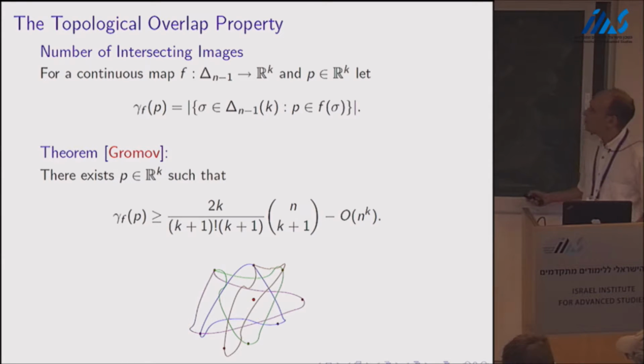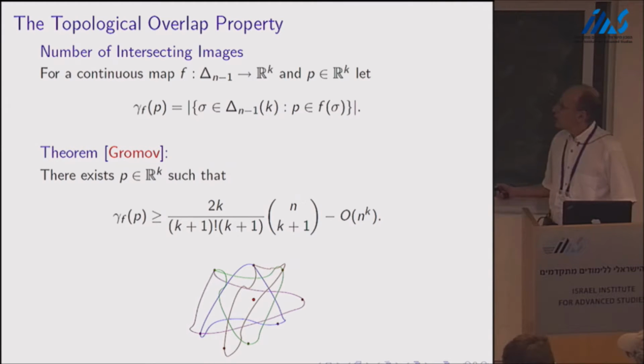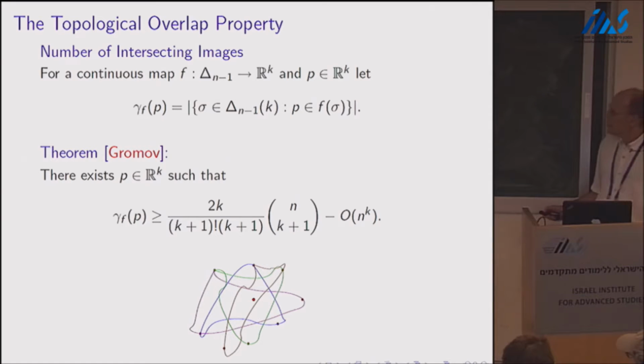And again, gamma of p will be the number of k-simplices such that their image contains p. And Gromov's theorem asserts that there is a fraction of all n choose k+1 simplices whose image contains a point.